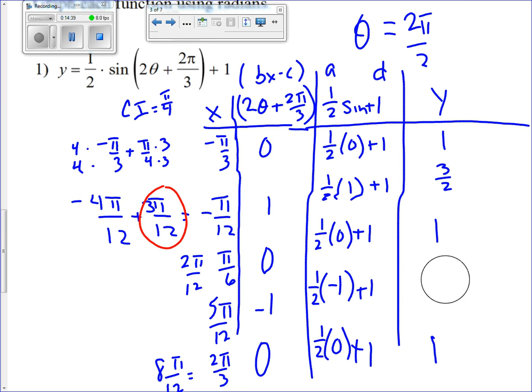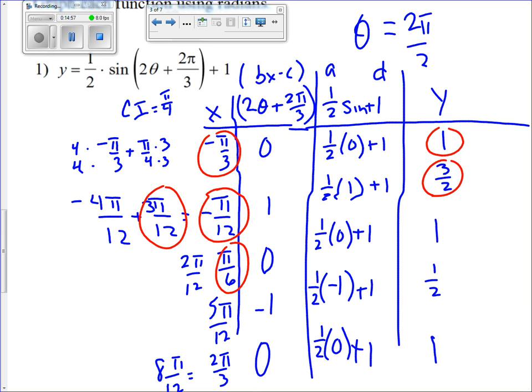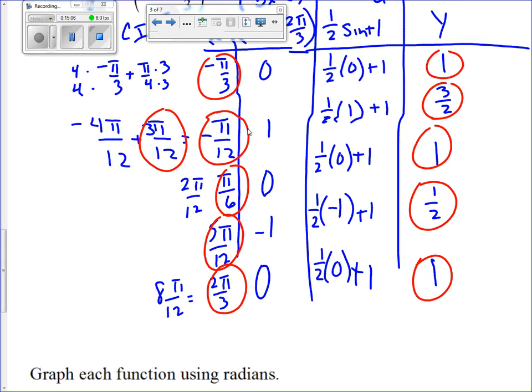Not the same. 1/2 of negative 1 is negative 1/2 plus 1 is a positive 1/2. So these x and y values are your coordinates for your graph. Each one of these would be an ordered pair for your graph that we're getting ready to graph.